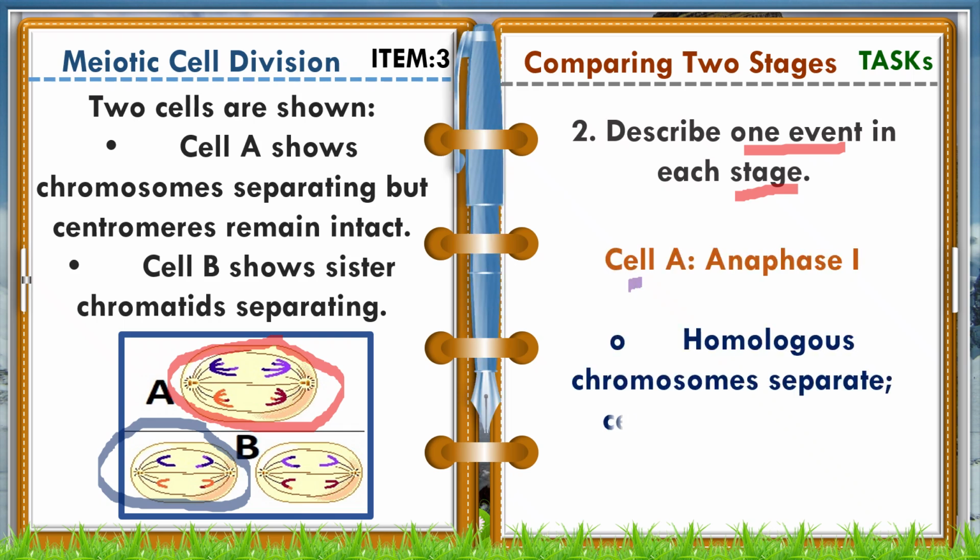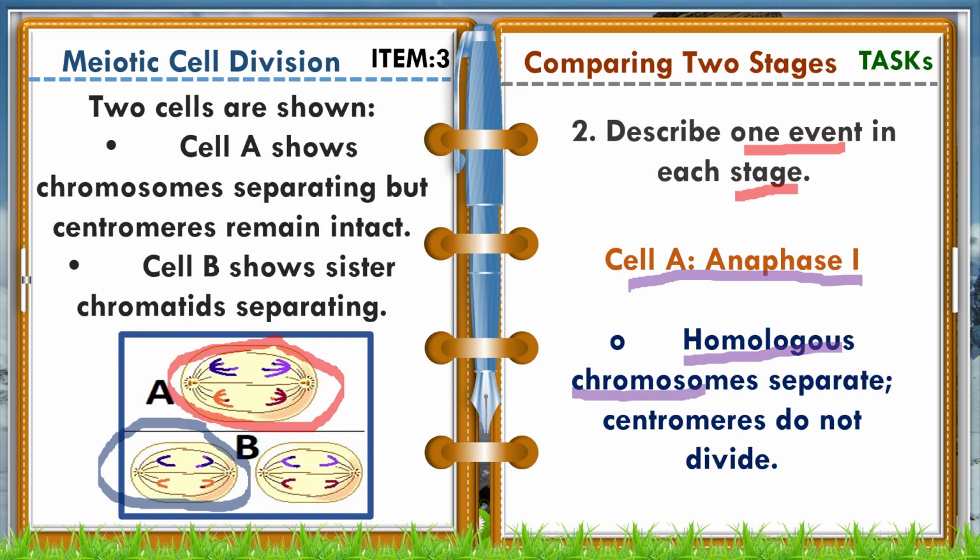So in cell A, which is anaphase 1, we are seeing that it is the homologous chromosomes which are separating. And when they separate, their centromeres do not divide, as we have explained earlier. Two homologous chromosomes are separating, one going to one pole and the other going to the other pole, but their centromeres are not dividing. That is in anaphase 1.